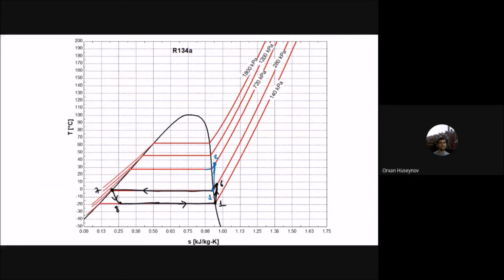Then from that point you'll just travel to point 3 here, and then from point 3 you will go back to the same pressure as this one here. I will not intersect the ones here, but you have to know that these are the same pressures. This one will be point 4, and this is the direction that you are traveling, and this one will go in that way.